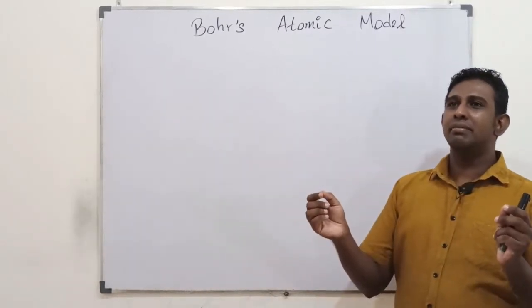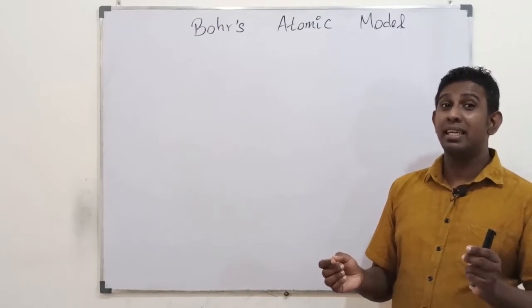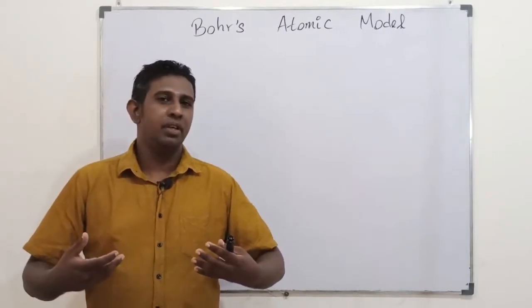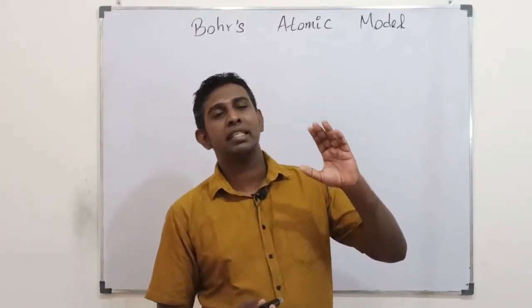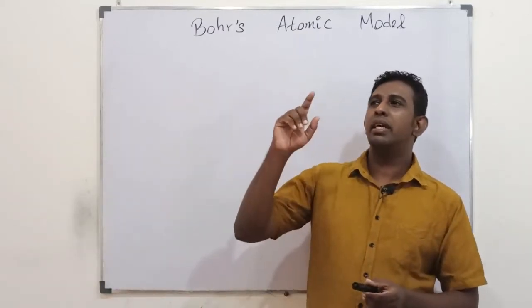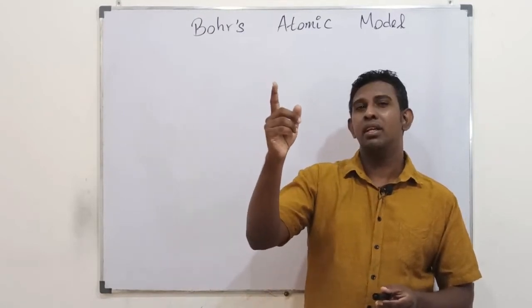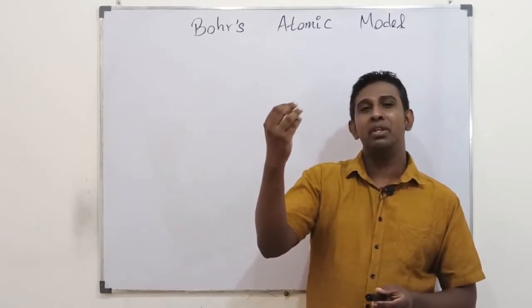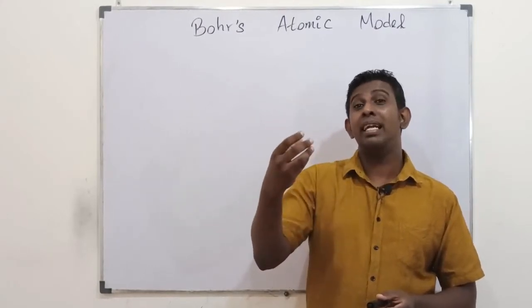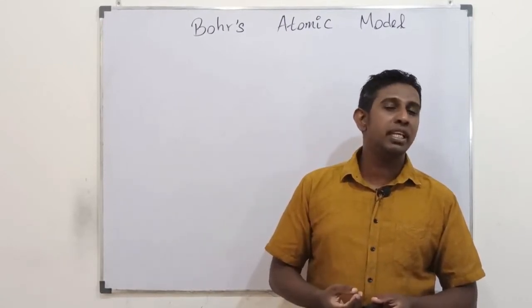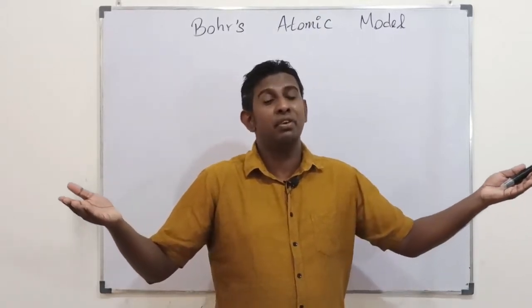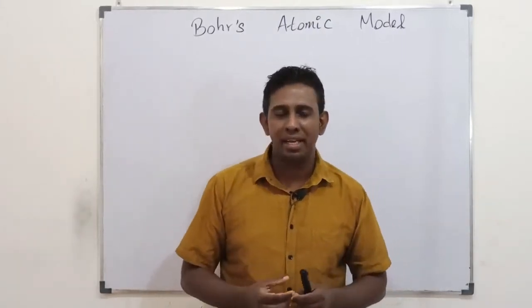When he was asked why these electrons do not collapse onto the nucleus, why electrons in a circular path do not get attracted by the positive nucleus, he explained it using centrifugal force, saying that the centrifugal force could balance the nuclear attraction.